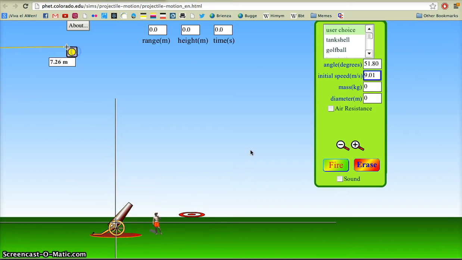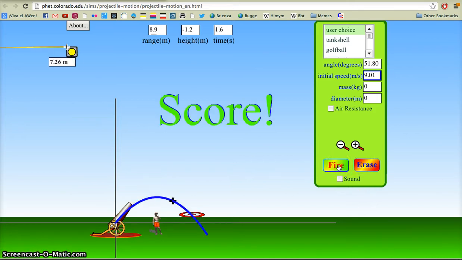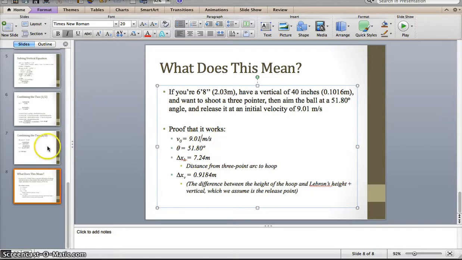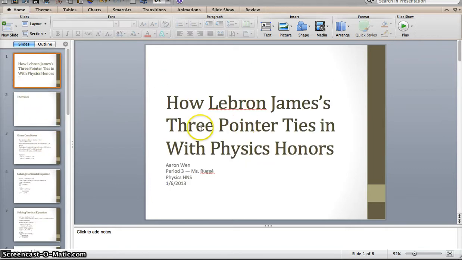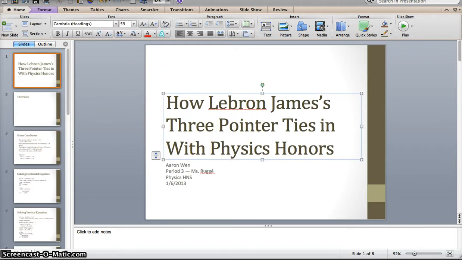And then given these conditions and we fire, we see that it hits the target exactly. And this is how we can use physics to calculate how three-pointers and other shots tie in with our physics honors knowledge.